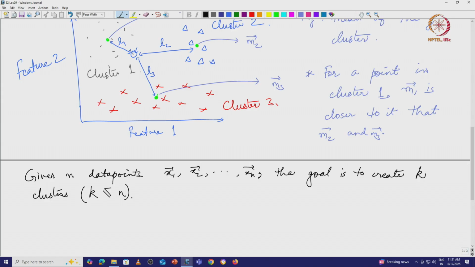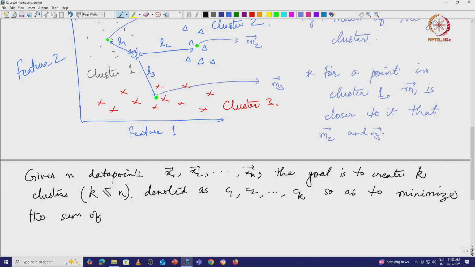So, the goal is to create k clusters denoted as C1 cluster 1, C2 cluster 2, all the way up to cluster k, so as to minimize what is known as the sum of variances within each cluster. So, that is how the points are similar to each other, because you have minimized the sum of variances within each cluster.